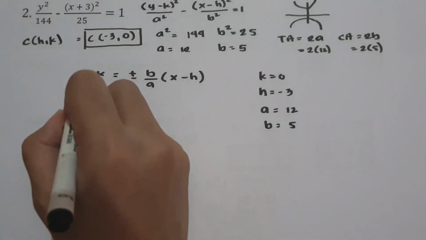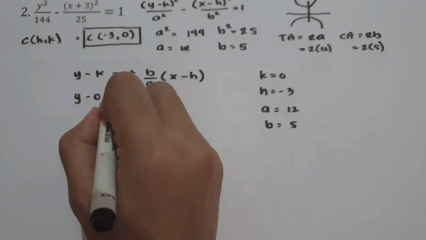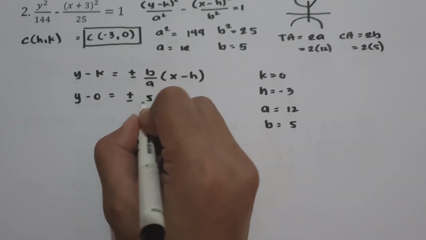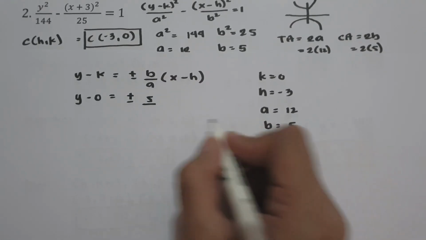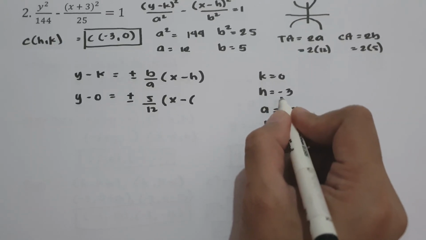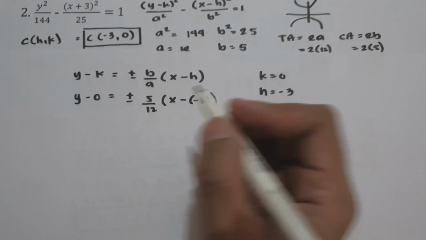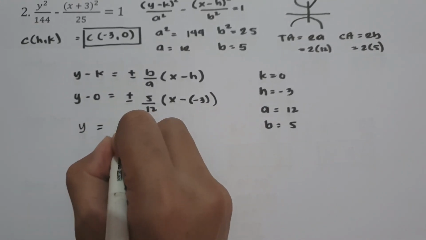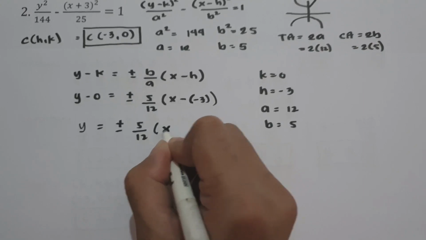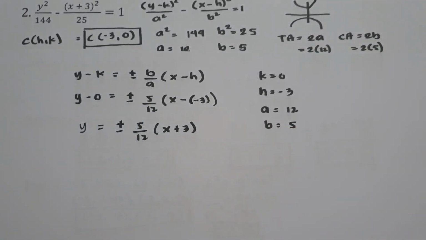So let us have y minus the value of k, that is 0, equals positive or negative the value of b, that is 5, over the value of a, that is 12, times quantity x minus the quantity negative 3. And to simplify, let us have y equals positive or negative 5 over 12 times quantity x plus 3. Negative times negative is positive.